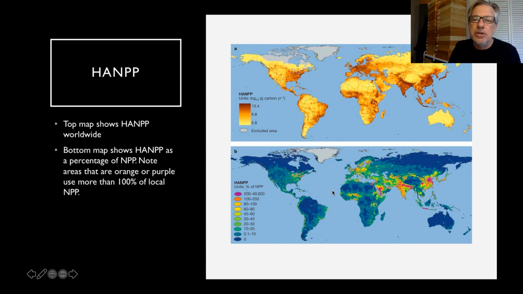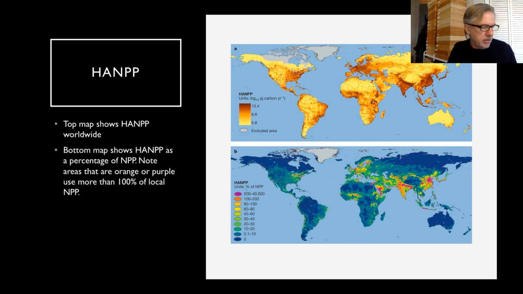So basically you can see any place that's orange or purple is being subsidized by the places that are green and blue. And the places that are yellowish are getting very close to using all their primary productivity. And I'd love to hear your thoughts about what that means in our class discussions.